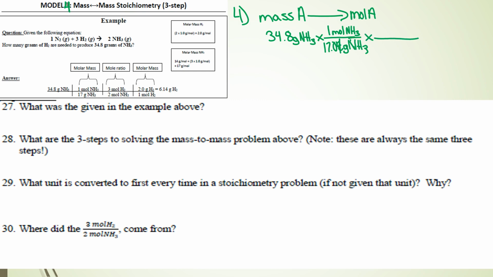Now we went from mass of A to mole of A. We need to get to mole of B. Our B in this case is whatever our unknown is, which is H2. So I'm going to moles of H2 from mole of NH3. So where do I find the numeric relationship of H2 to NH3? Coefficients. So I have a 3 and a 2.